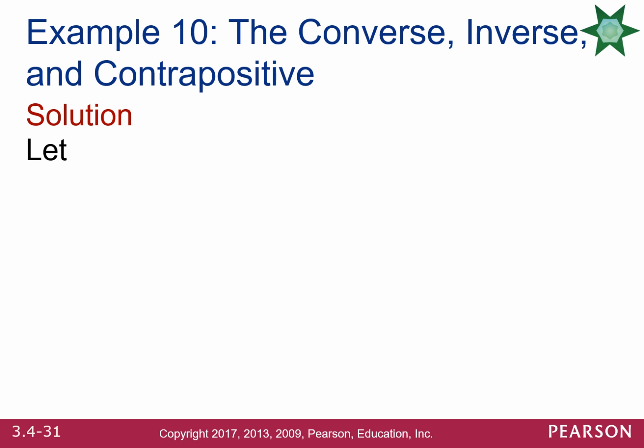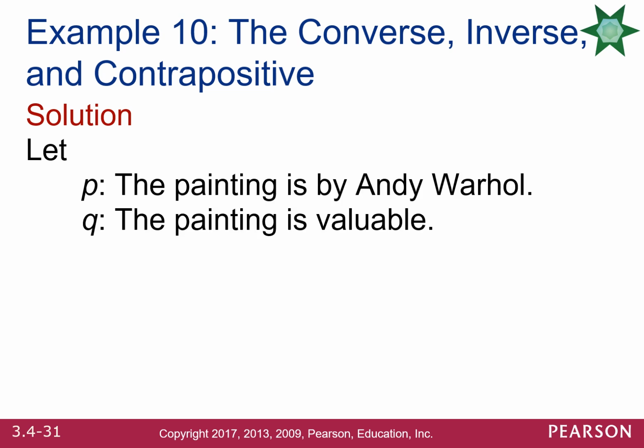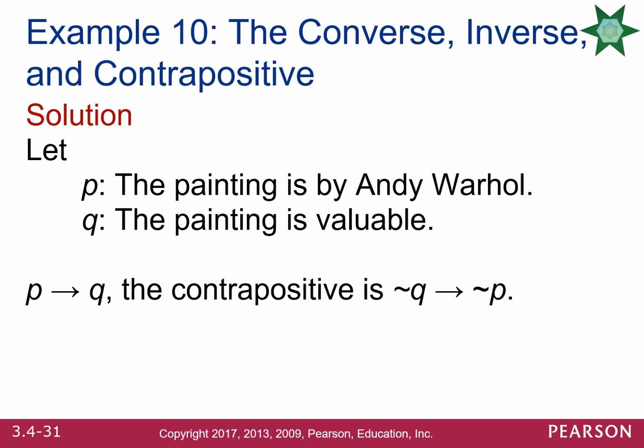And finally, we will look at how the contrapositive would be for the conditional. Again, the same two simple statements show up. The painting is by Andy Warhol is P, the painting is valuable is Q, and the contrapositive of the conditional, which is if P then Q, is if not Q then not P. In other words, it is the converse of the inverse, correct?